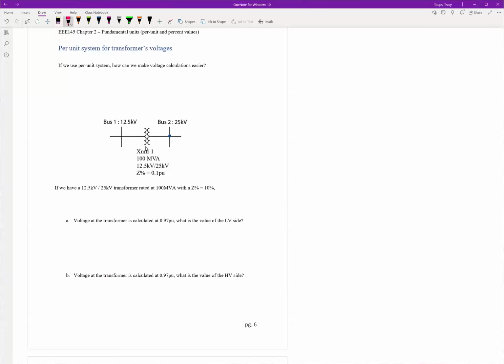If we have a per unit system, how can we make the voltage calculations easier? Remember I said before, we can ignore the turns ratio. For a transformer, the voltage turns ratio is V1 over V2 is N1 over N2. This is a ratio for finding the voltages across the transformer.